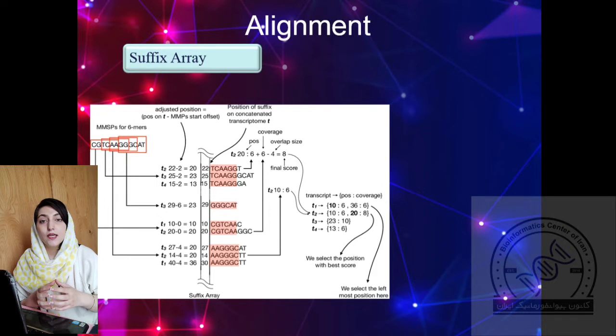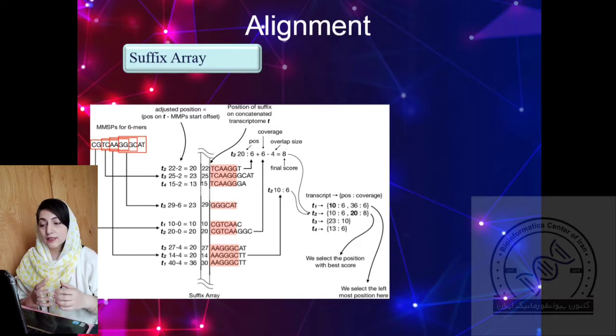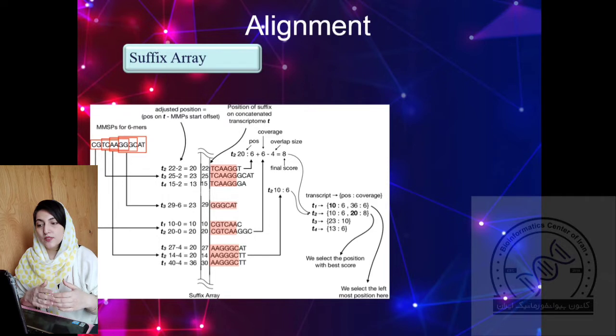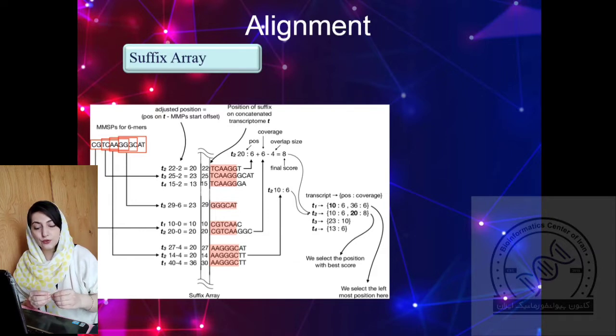Suffix array is used for the alignment of the genome using some special determinants. For example, the position of the suffix, the overlap of nucleotides with each other, the overlap size, and it determines the leftmost position of each nucleotide.